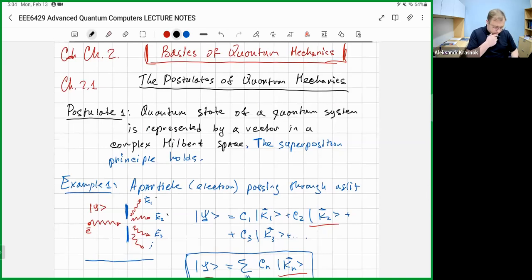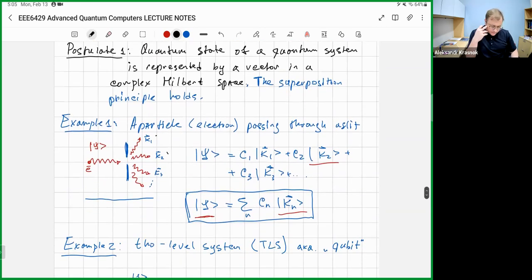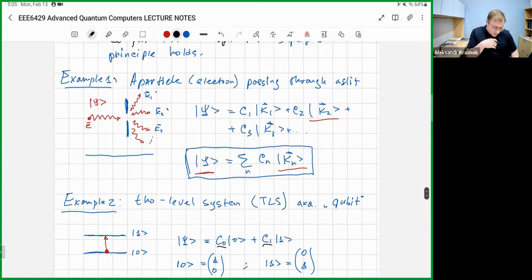So the first one was that the quantum state of a quantum system is represented by a vector in a complex Hilbert space, and that the superposition principle holds, meaning that we can represent any state in this space as a superposition over any linearly independent basis, like for example here, right?